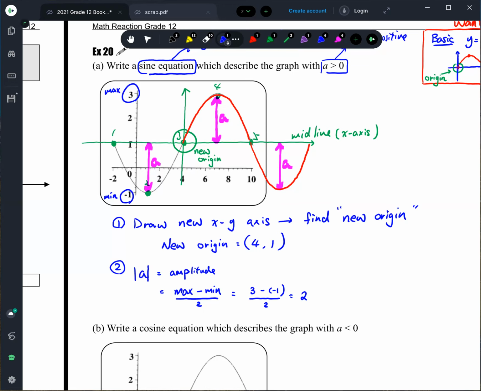My question is, what do we use the value for B to find? Was it the reflection? Okay, if B is negative, it will reflect over the y-axis. Yeah, okay. What else did we use B for? Only for reflection? There are more important things.